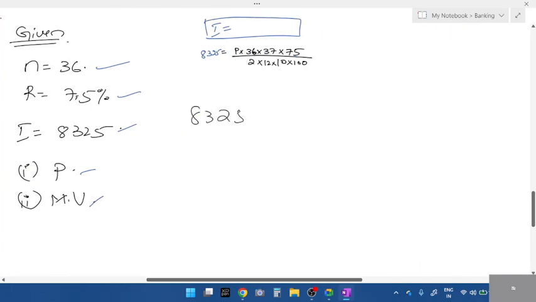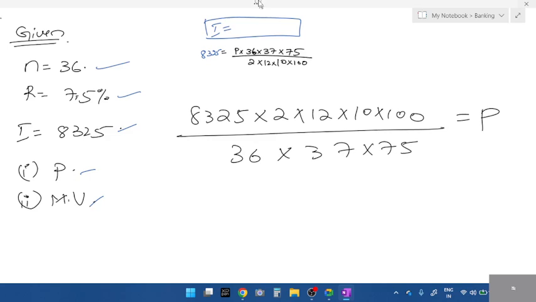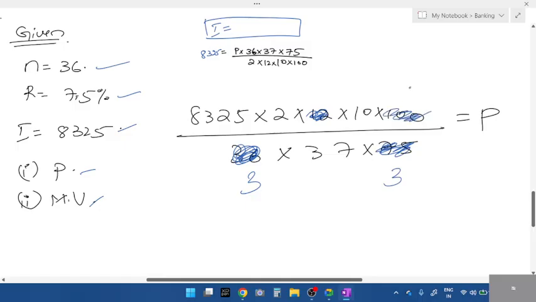Okay, 8325 into 2 into 12 divided by 36 into 37 into 75. 12 ones are 12, 12 threes are 36. Okay, then 25 goes 3 times, and 25 goes 4 times. Okay, I had missed out this 3. This 3 I had missed out. 25 goes 3 times, students. 37 and 3, so all this I have cancelled out. I had written 25 as 5 times. Okay, I made a mistake.